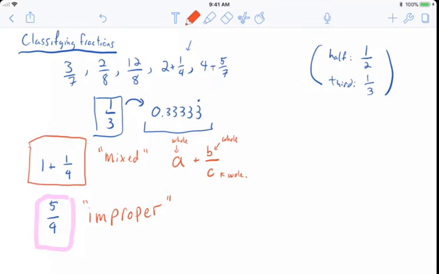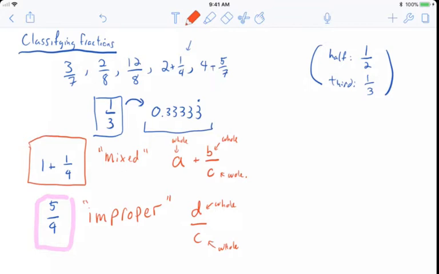Whereas improper numbers are fractions where it's one number divided by another number. And it's all in one piece. Okay? So what's the big distinction here? How can you tell if you're looking at a mixed number or if you're looking at an improper number? Or rather, okay, so it's mixed if there's 2 things added together.